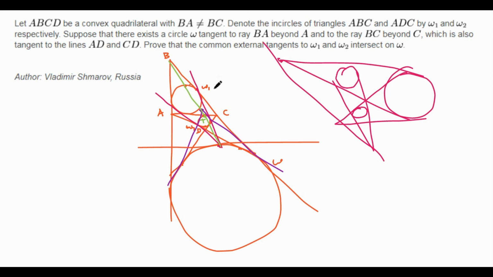And there's one theorem that addresses when a quadrilateral has an X circle or incircle, and that theorem is called Pitot's theorem. I'm not quite sure how to pronounce this. Pitot's theorem states that if a quadrilateral has an incircle, then the sum of these two opposite sides is equal to the sum of these two opposite sides.